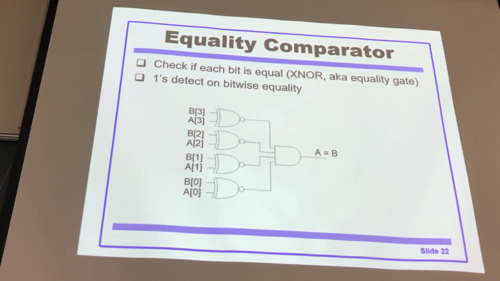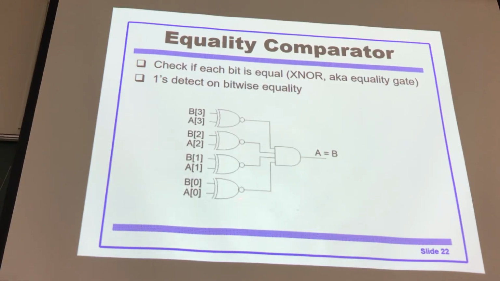Equality comparator, how do you know two numbers are the same value? Well, it should be easy, right? This is an equal NOR gate. Only if both bits are the same, you get 1 here. Okay, and then AND together. That's the equality comparator.